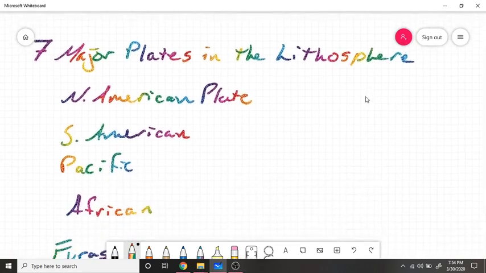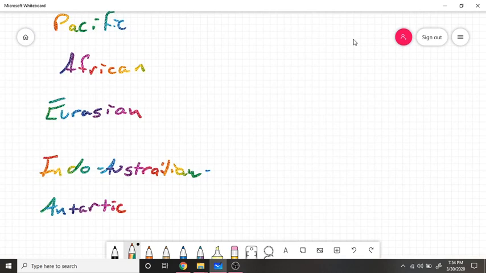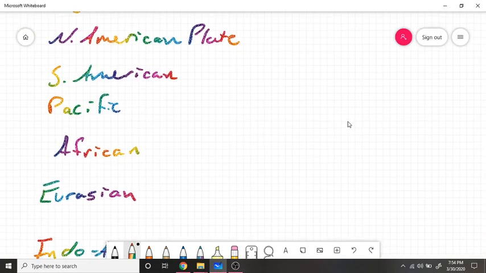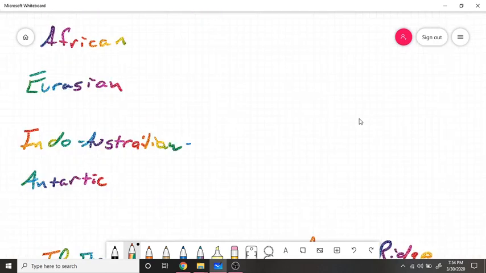They roughly correspond to all of our continents. So we have the North American plate, the South American plate, the Pacific, African, Eurasian, Indo-Australian, and the Antarctic.